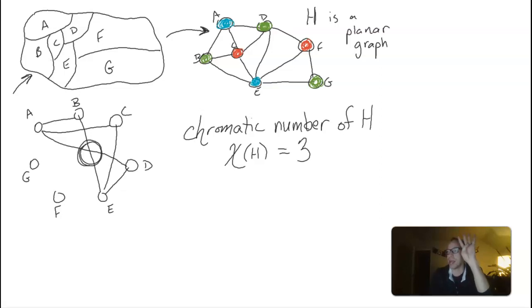The chromatic number cannot be higher than four. Sometimes you get it even less, like we did here, but you'll never go through this process of converting a map into a planar graph, and it takes more than four colors.